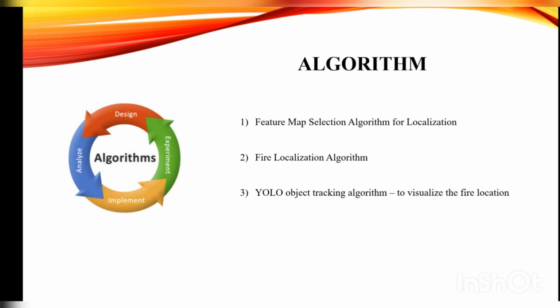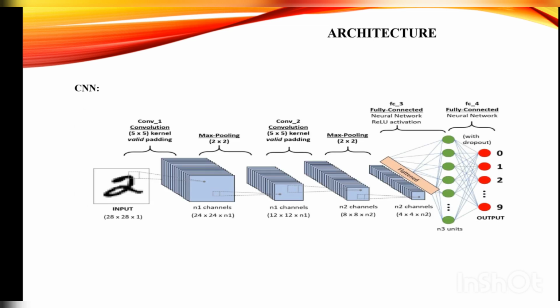So let's have another look at the architecture involved in this project. CNN is a convolutional neural network. It is a basic image processing neural network architecture. The images undergo several max pooling layers and valid padding layers, and at last they are changed into flattened layers.